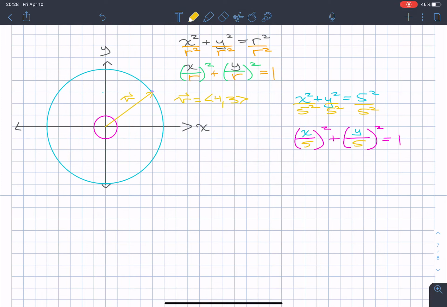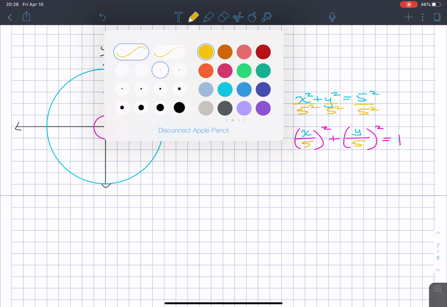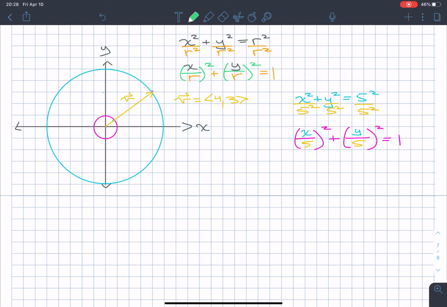Okay, so that's the unit circle equivalent. So what am I saying? I'm saying that the coordinate here is going to be the x coordinate, which on v was 4, and the y coordinate, which on v was 3, all over 5, because that brings me back to the unit circle.